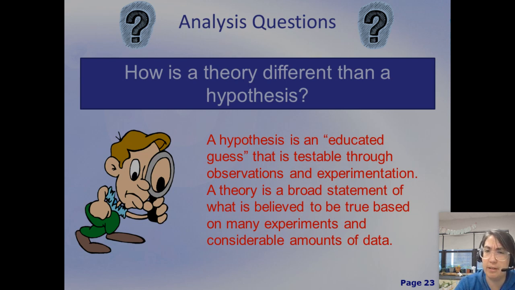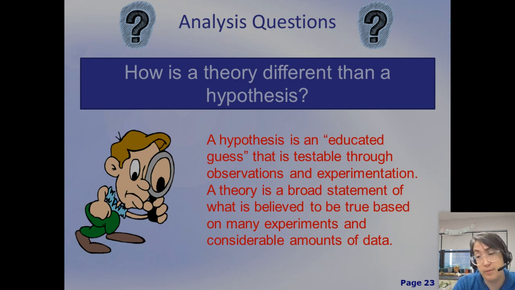So, how is a theory different from a hypothesis? And they are very different, and it's important that we understand this. So, a hypothesis is an educated guess, although I hate the word guess, but this is how most people explain it. It's testable through observations and experimentation. And normally it's not just, I guess, randomly.